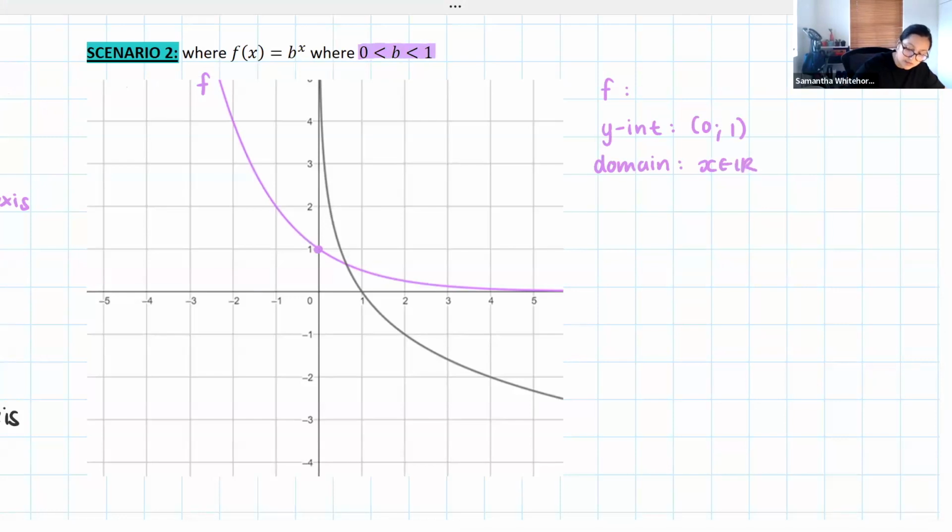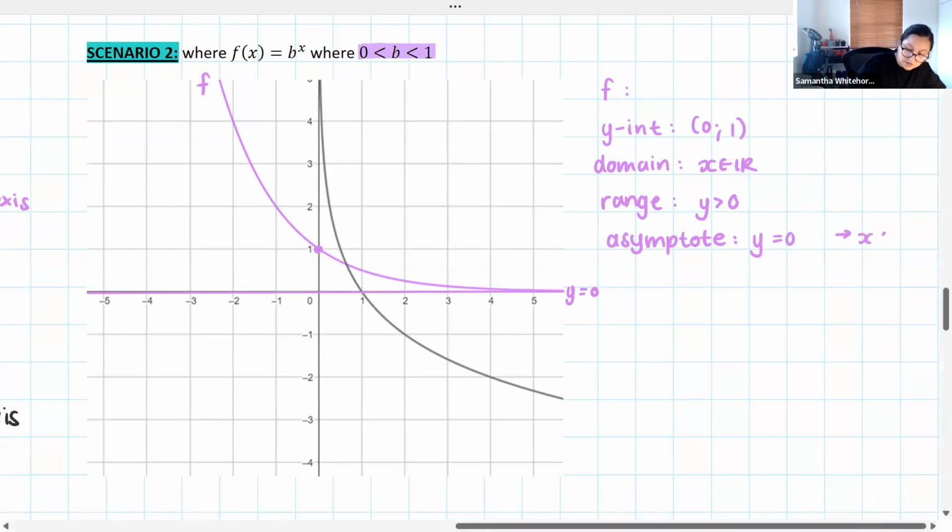Again, we've done this all earlier, and our range is y greater than 0, because remember, the x-axis is your asymptote, and the x-axis has an equation of y equals 0. Right, so in terms of our asymptote, that's what we have. y is equal to 0. That's your x-axis.